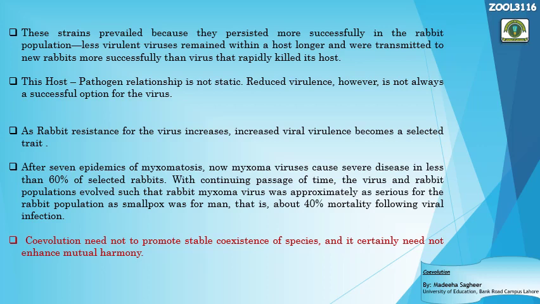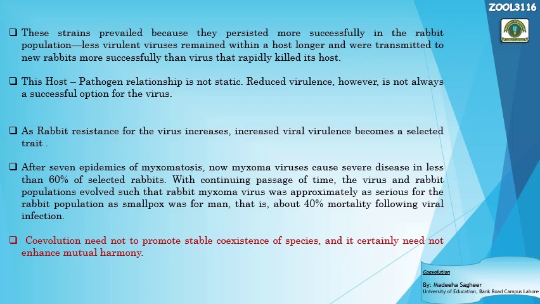Previously, the Australian rabbits were not exposed to this Myxoma strain, so they got infected, their infection level was very high, and about 99% of the population died of the Myxoma virus infection. In other words, the disease is myxomatosis.